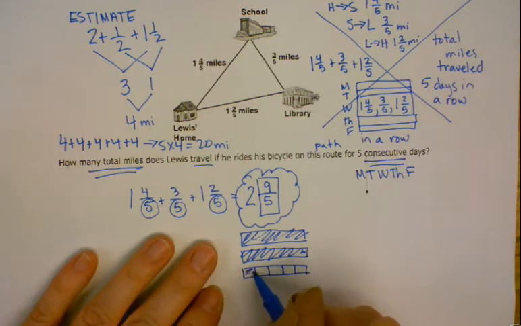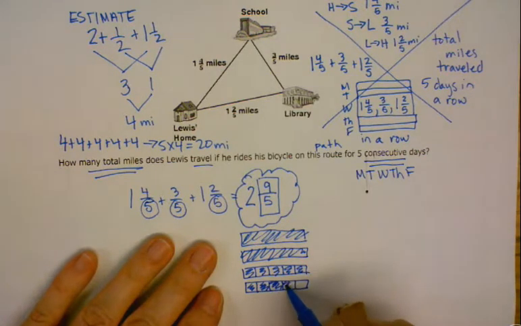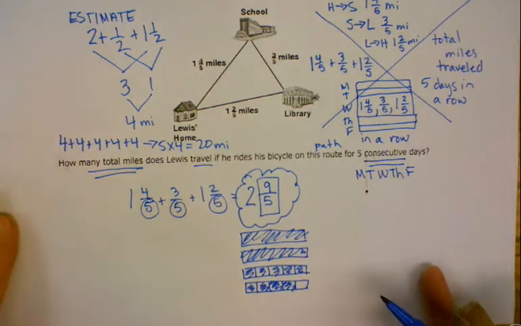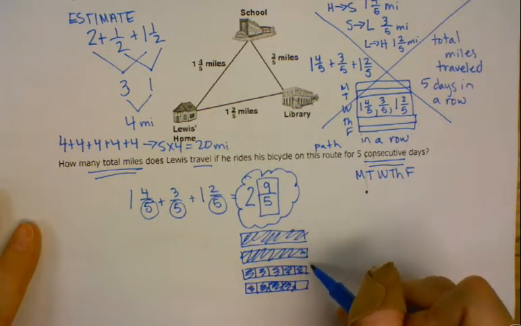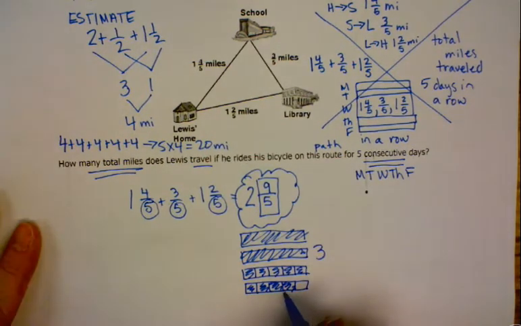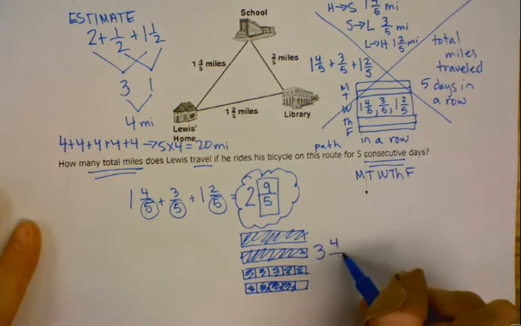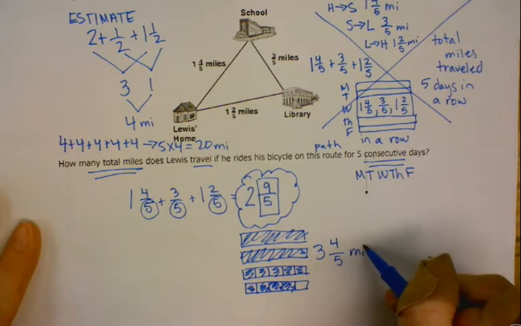1, 2, 3, 4, 5. I have to keep going. 1, 2, 3, 4, 5, 6, 7, 8, 9/5. So I know that this 1, 2, 3 is 3 wholes, and my leftover fraction is 1, 2, 3, 4, 4/5 miles.